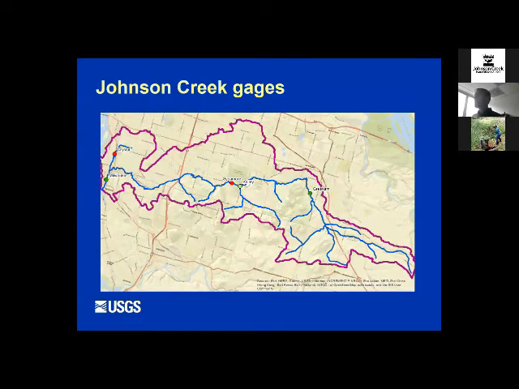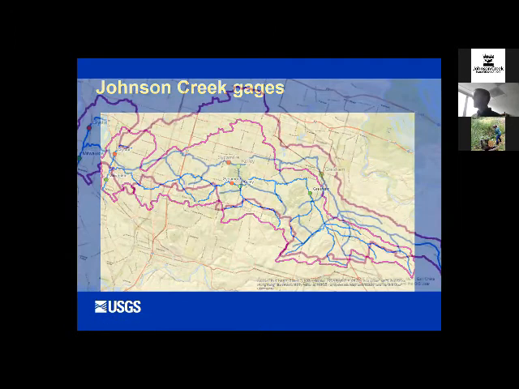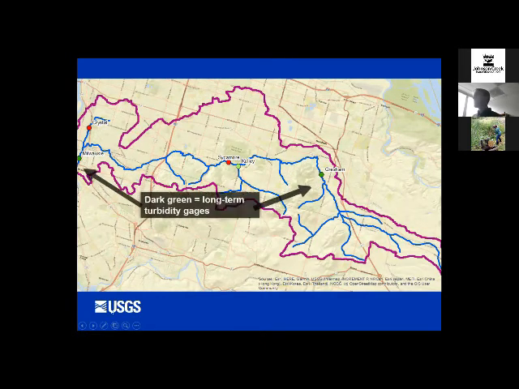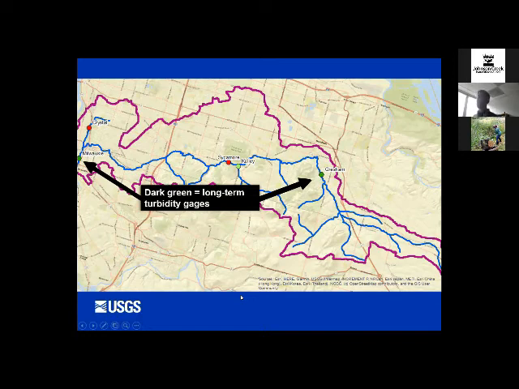So as you saw in Becky's slides, we've got a handful of USGS streamflow gauges in Johnson Creek. I'm going to focus mostly on this Gresham gauge up here towards the upstream part, but we also have this Milwaukee gauge down here near the mouth. These two gauges both have some long-term turbidity data.